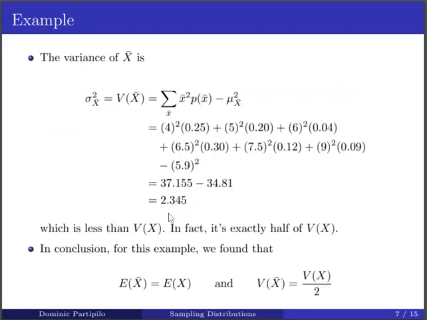And in fact, this is exactly half of the variance of X. So for this example, when we manually calculated the mean and the variance of X bar, we found that the mean or the expectation of X bar was the same thing as the expectation of X. And the variance of X bar was the variance of X divided by 2.